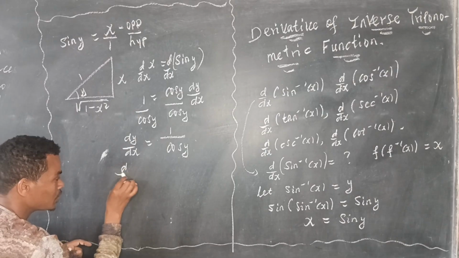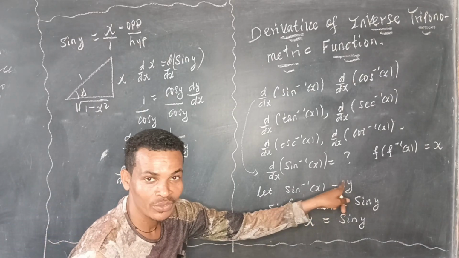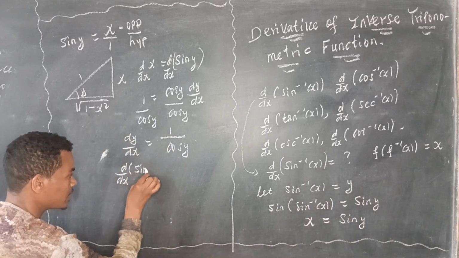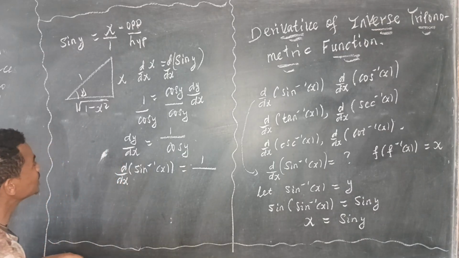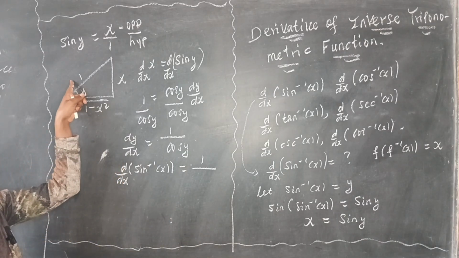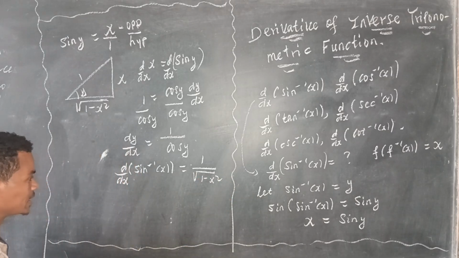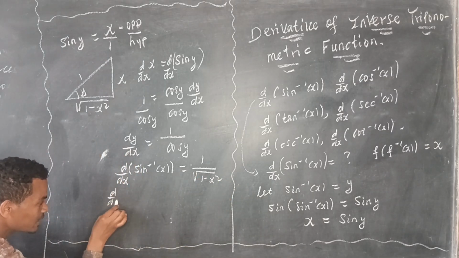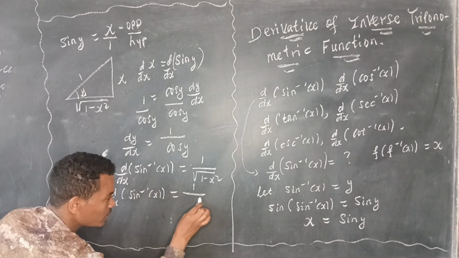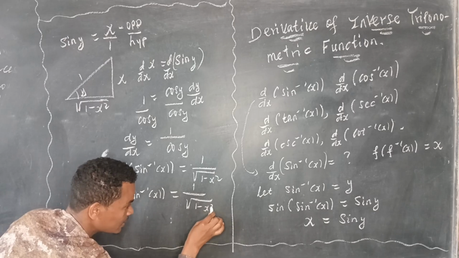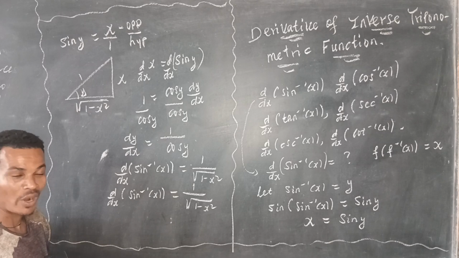And y is sin inverse of x. So d by dx of sin inverse of x is equal to 1 over cos y, which is adjacent over hypotenuse. The adjacent is the square root of 1 minus x square and the hypotenuse is 1. Therefore, the derivative of sin inverse of x is 1 over the square root of 1 minus x square.